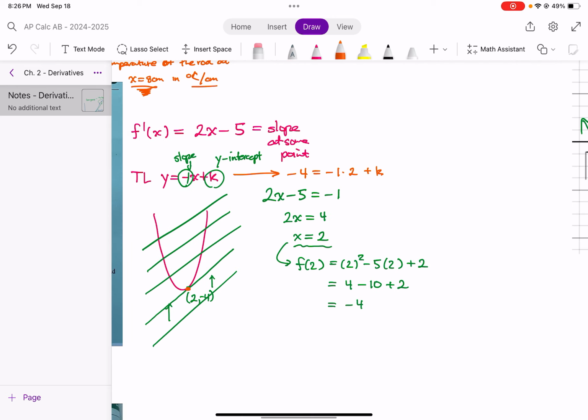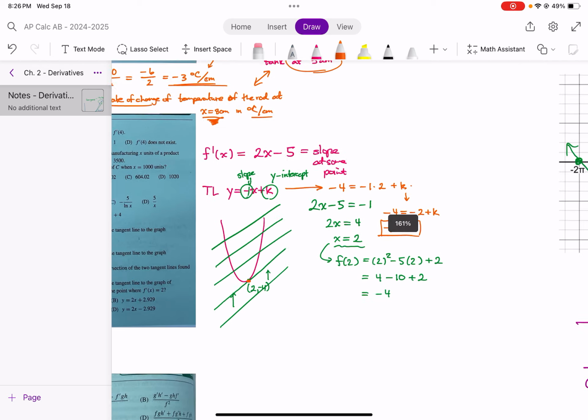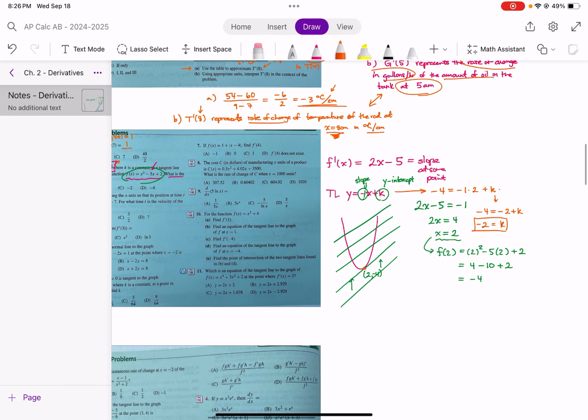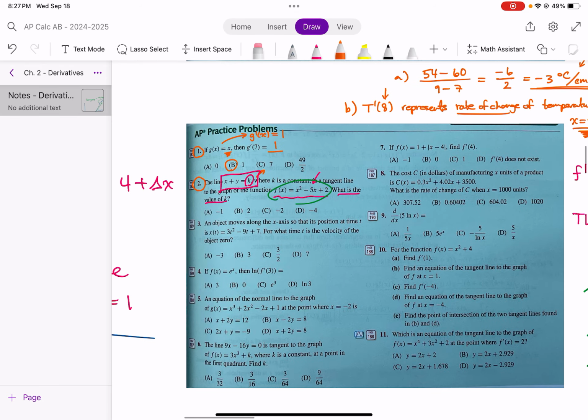Now I have an equation with only k in it, and I can solve it, right? So keep going. -4 equals -2 plus k. That means that k equals -2. Cool beans, right? And is that an answer? Let's just check. Yes, it is, -2.